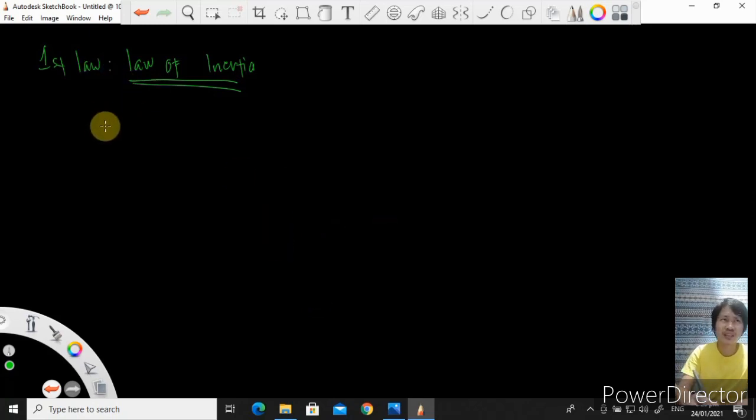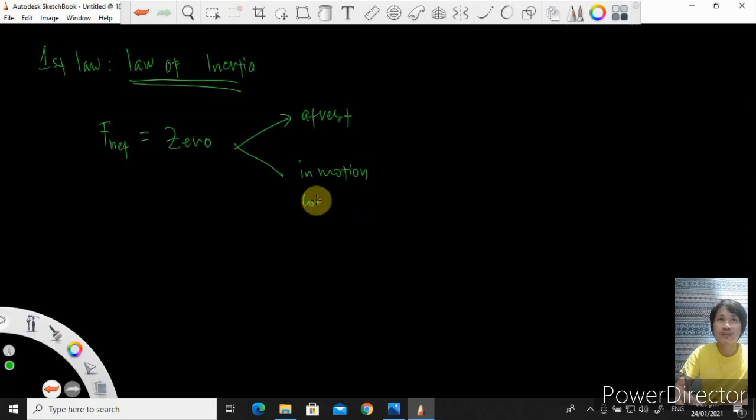Provided that the net external force F net is equal to 0, then objects will remain at rest or continue to move in motion at constant velocity along a straight line. O, yun lang naman yun no? If the net force is 0, then object will either be at rest or in motion at a constant velocity along a straight line. Okay ba yun?